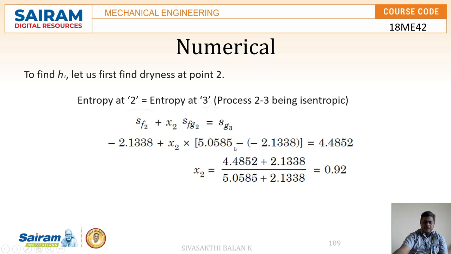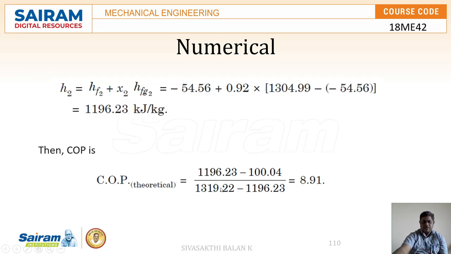So substituting all the known values, we can easily calculate the unknown value of X2 as 0.92. That is 92 percent dryness. This is the quality of the steam at the start of the compression. Since we know that, we can also equate H2, which is nothing but HF2 plus X2 into HFG2.